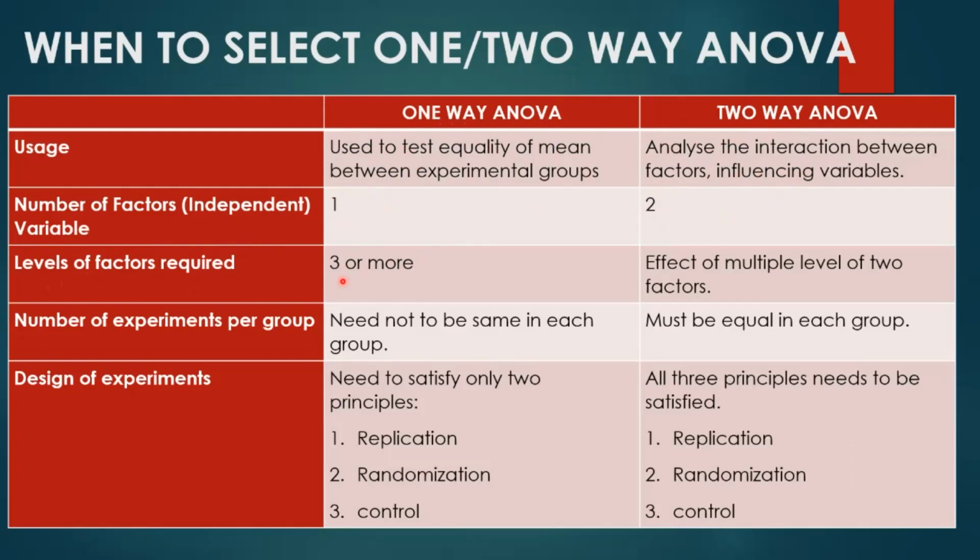For one-way Anova, you should have three or more, because if it is two, then you should be considering a t-test. So three or more levels of your factor, then it's one-way Anova. Then for two-way Anova, multiple levels of two factors.